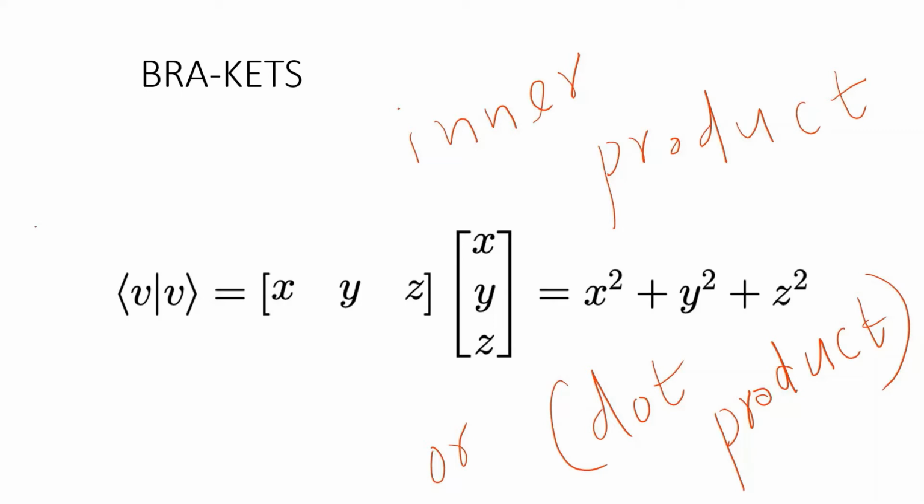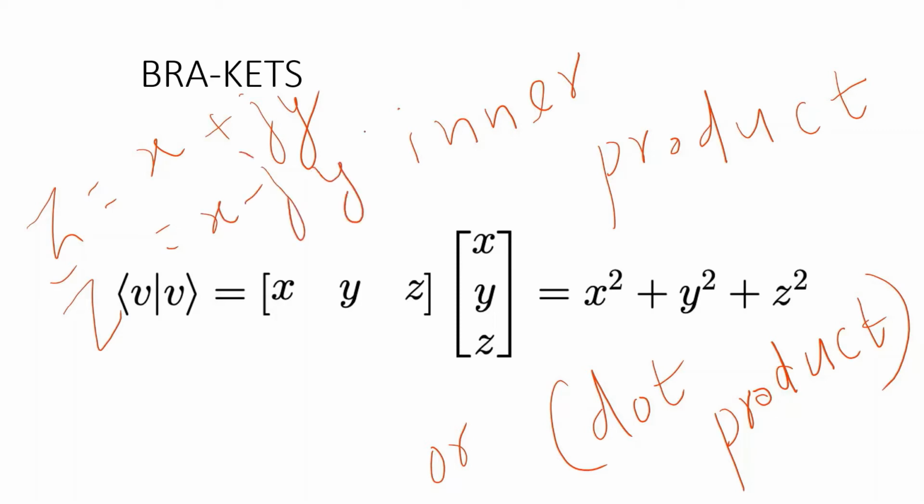You may be familiar, z is equal to x plus jy, z bar is equal to x minus jy. Then multiplying z, the complex number, and z bar, the complex conjugate: when you multiply a complex number with its conjugate, you will get x square plus y square.